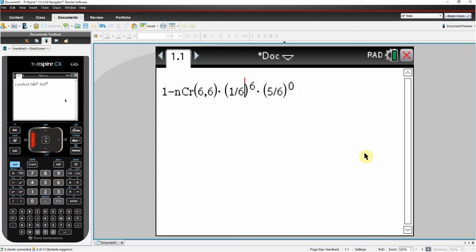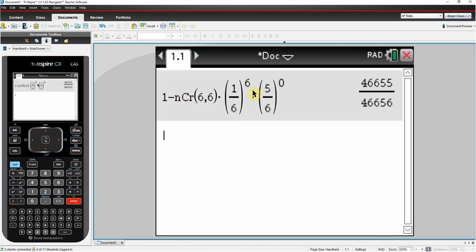Again, if you want to be extra clear, it would do all of this operation before it subtracts from 1, but just to be extra clear, let's put parentheses around that probability. Inside the parentheses here, that's the probability that all 6 dice will show 6s. And then we get our probability as this kind of sassy fraction. If we're not sure what that equals, we can see that it's very, very close to 1.